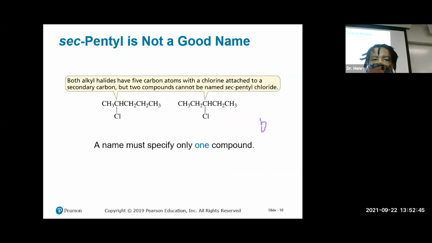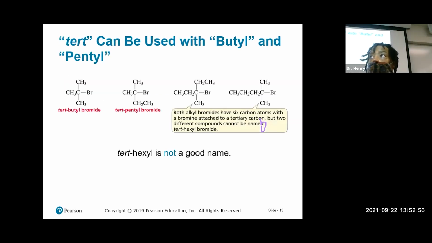Okay, so we've already talked about how sec does not work, because then we start losing the concept of what sec actually means. It doesn't work for everything. We also talked about how tert does not work when we start getting into our larger hydrocarbons. So we're going to be limited to those smaller ones where this actually has significance. Because we could have different possibilities, right? So we have this one that exists and this one, and both of these would be considered tert, right?